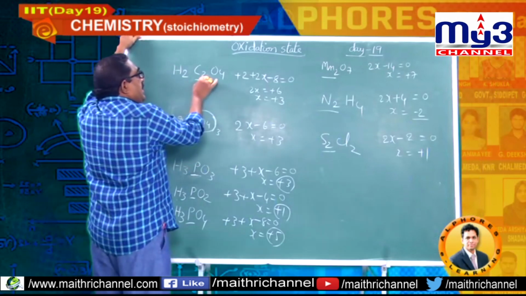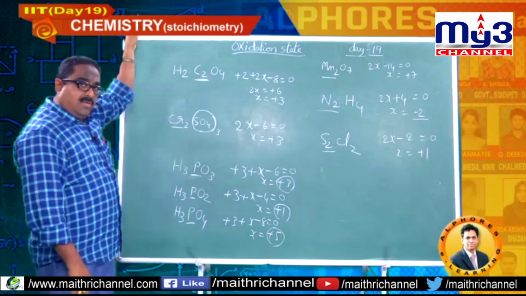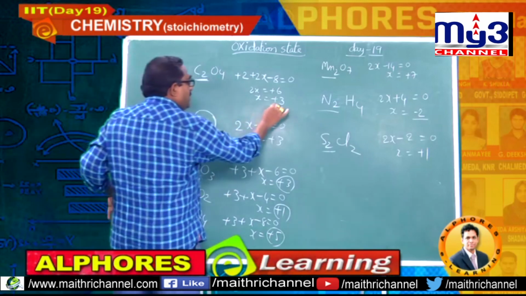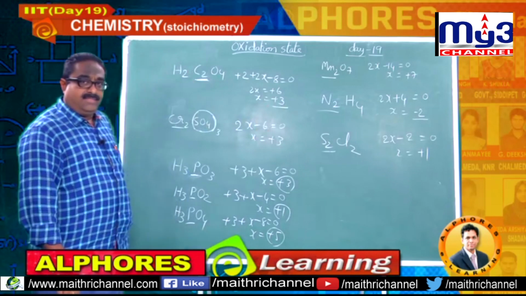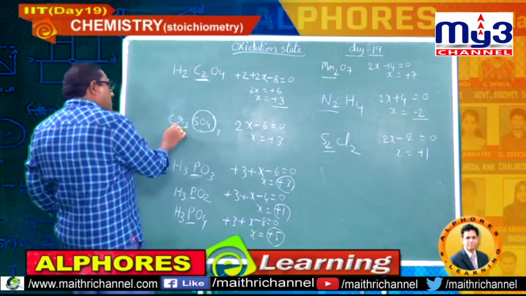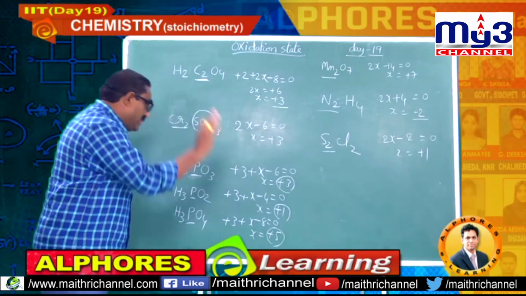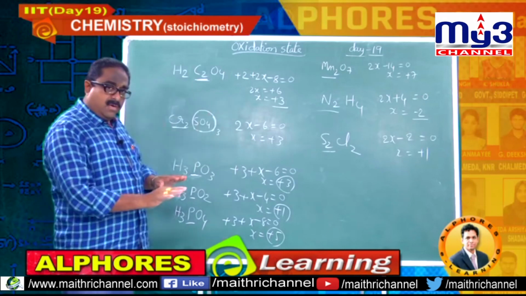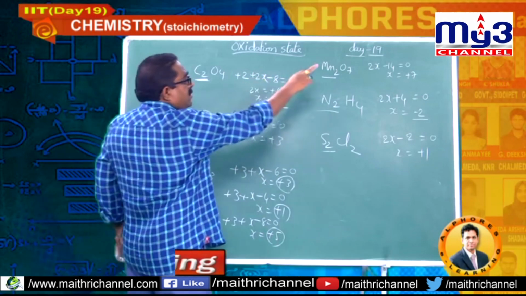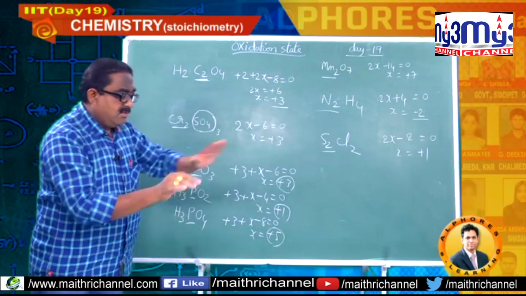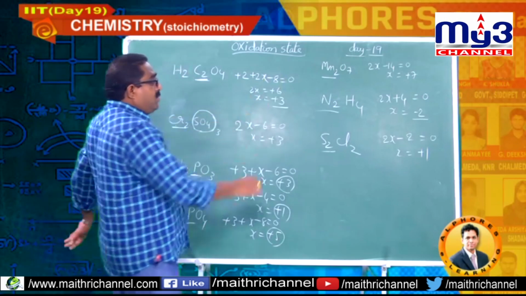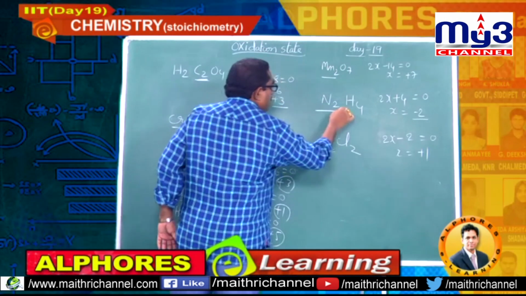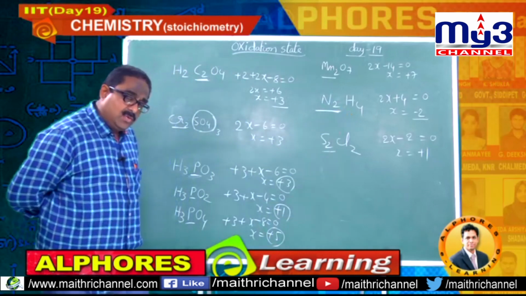Oxalic acid contains 2 carbons, no doubt. For both the carbons, the oxidation state is +3. For chromium also, both the chromiums are +3, undoubtedly. For manganese also, both the manganese are +7, no doubt. For hydrazine, for both the nitrogens, it is -2 only.